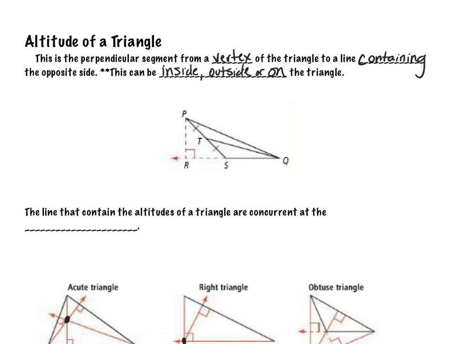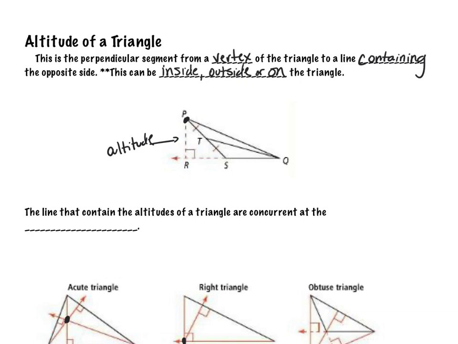So if I think about this triangle here, PR is my altitude. So I have an altitude there. And if I notice, I start at the vertex P, but that whole idea of the line containing the opposite side is because I had to extend SQ in order to get that perpendicular relationship.